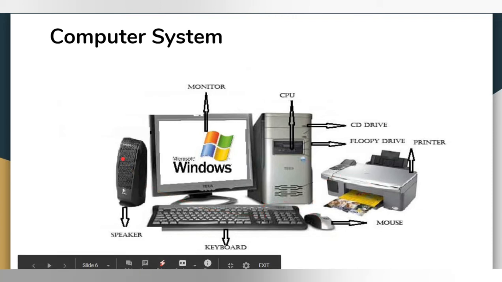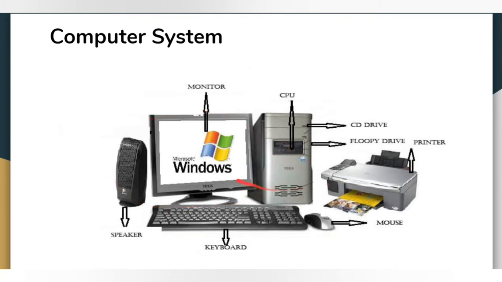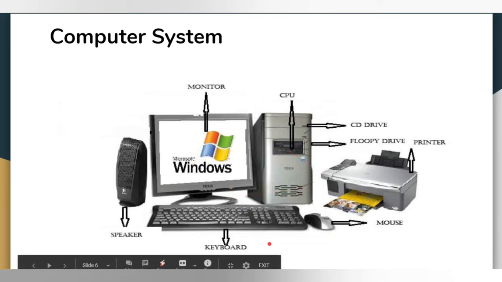This is called the operating system, which allows us to use the computer system for different operations. With the help of the operating system, we use the computer system. So operating system plus hardware is equal to computer. These are called the backbones of a computer system.